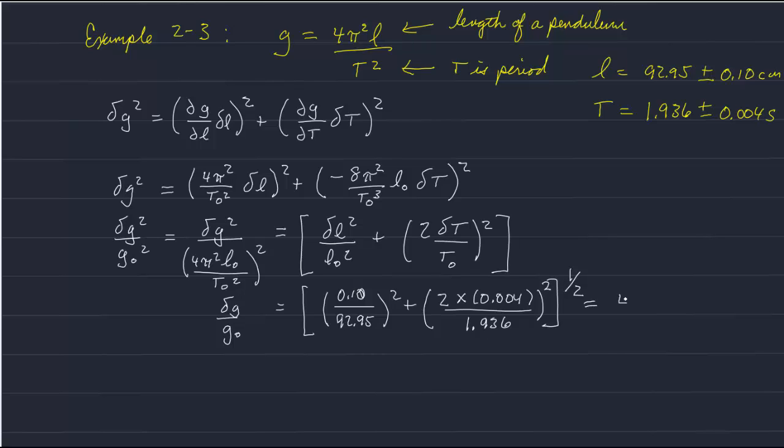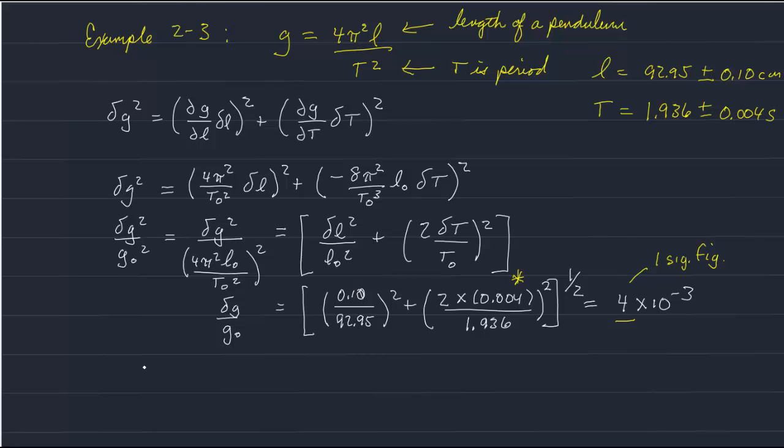And the answer is 4 times 10 to the minus 3. And I'll emphasize that I report that in one significant figure because the minimum number of significant figures that I know my uncertainty is given by the uncertainty in T. 0.004 is one significant figure.